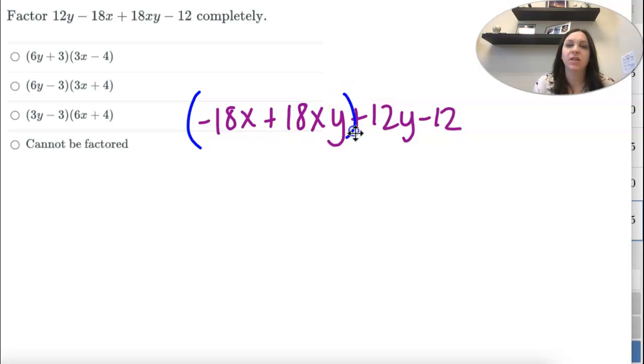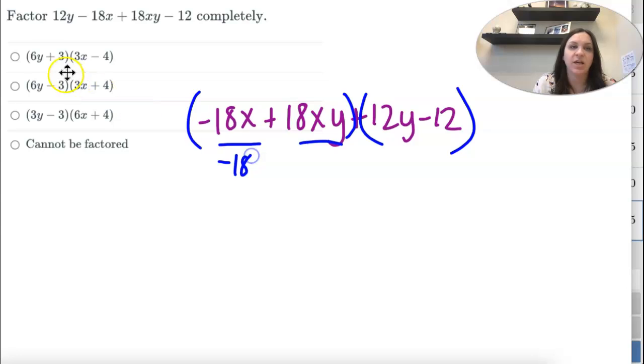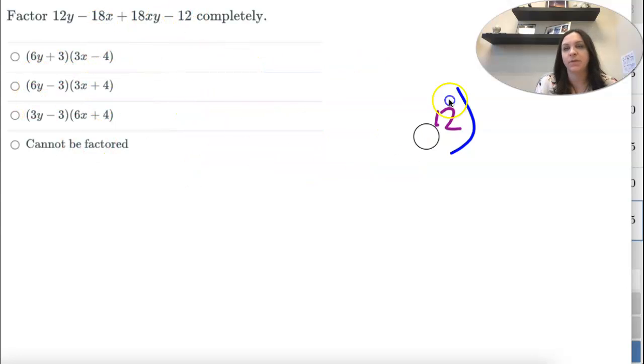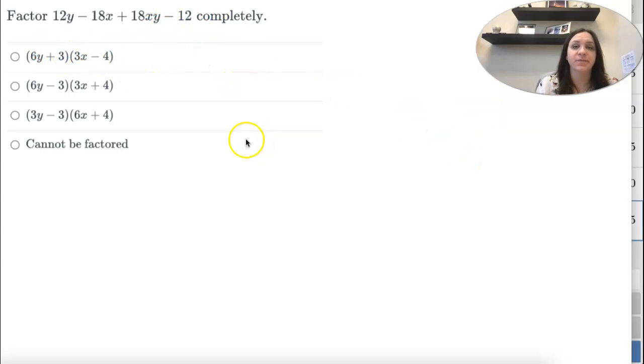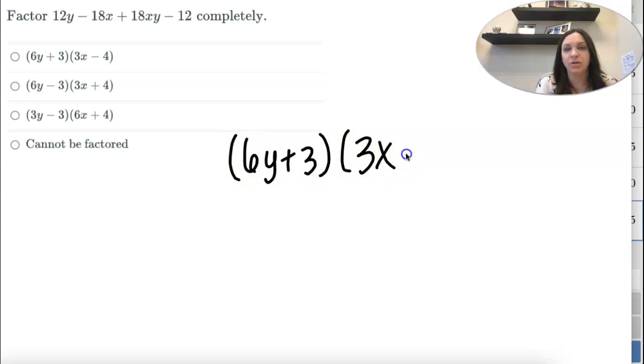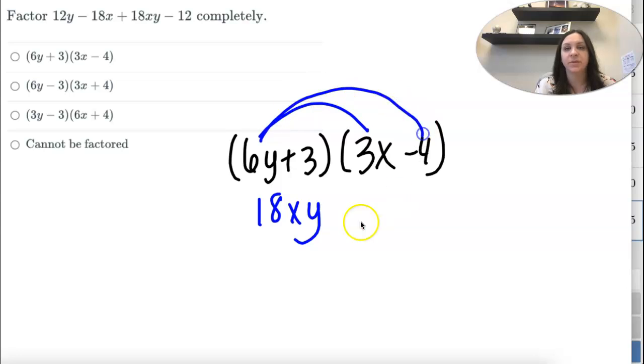So if I group these, I can take out a negative 18, but that's not here either. There's a couple ways to factor this. I'm just going to go trial and error. Okay, so I'm going to take my first one and multiply it and see what I get. There's 18xy minus 24y plus 9x minus 12.